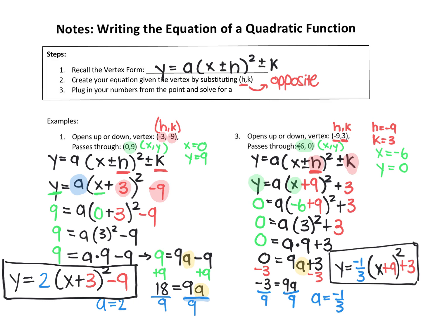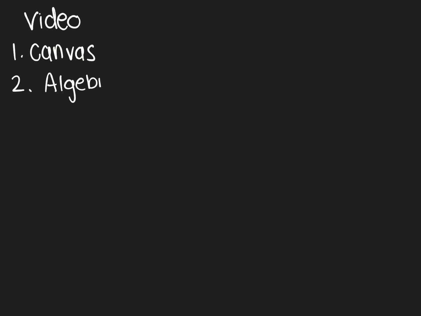So how do I get to this video? The first thing you want to do is please go to Canvas. The second thing is to click on the Algebra 2 class. Then your third step is to go to modules. Hopefully some of you guys know how to get there. Hopefully some of you guys have been to the algebra page by now.